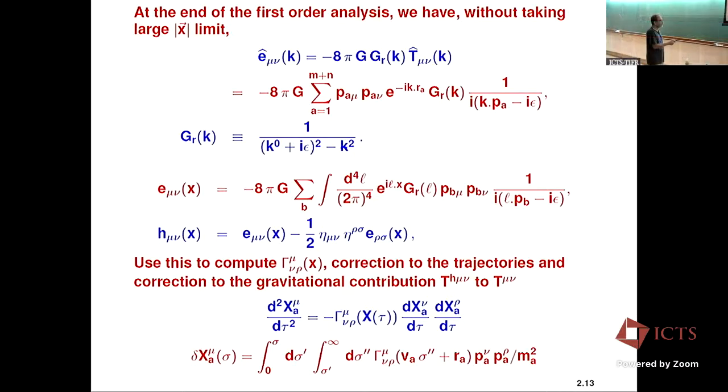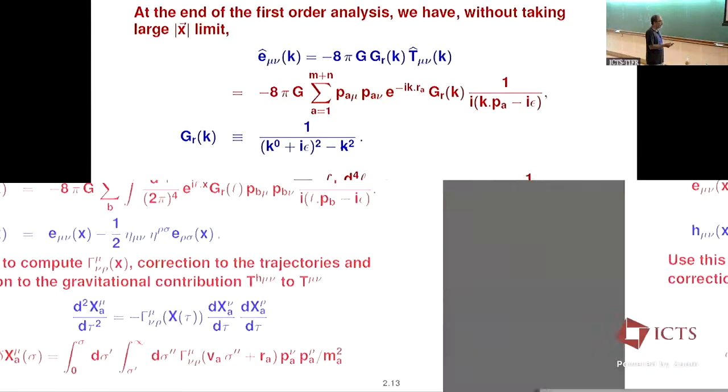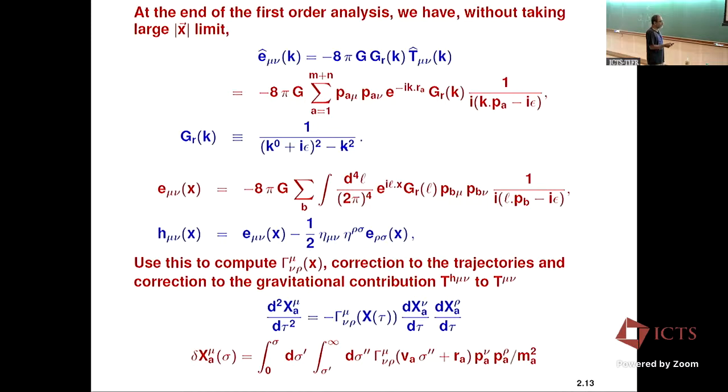And so we have to calculate how much contribution you get for the Christoffel symbol. That's straightforward, because we know the expression for the Christoffel symbol in terms of the gravitational field. So we substitute. Okay. And using this, we can calculate how much the trajectory deviates from what we had originally taken it to be. Originally, if you recall, it was a straight line trajectory, p_a over m_a sigma plus r_a. Now, this gives you how much it deviates because of the right hand side that appears here.